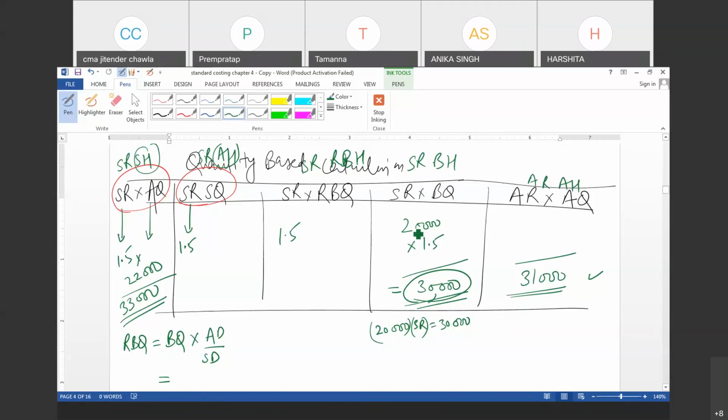We will calculate it right now. 20,000 into actual days 27 divided by 25, 21,600. That is 32,400. Am I right? Is it okay?